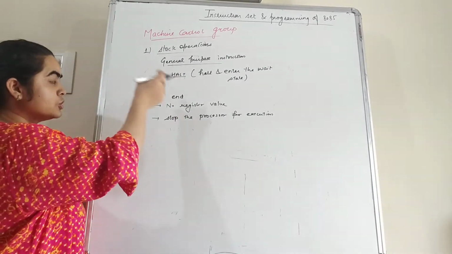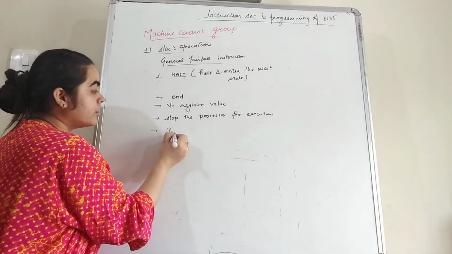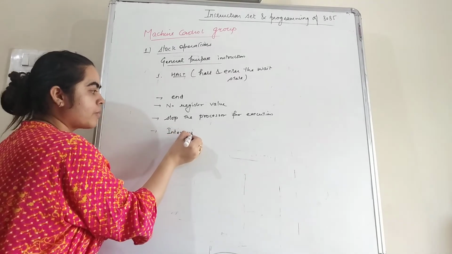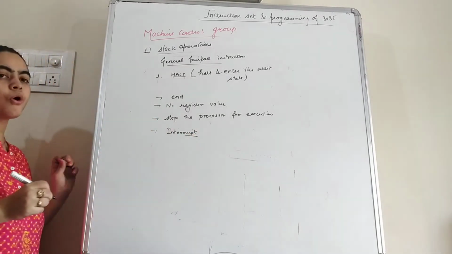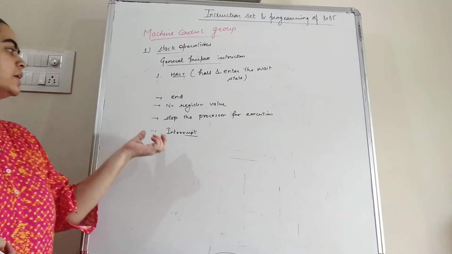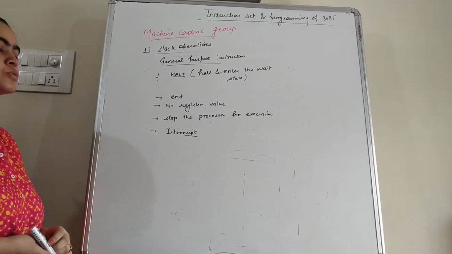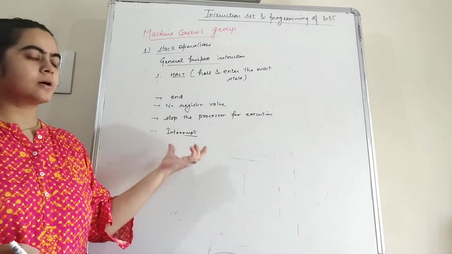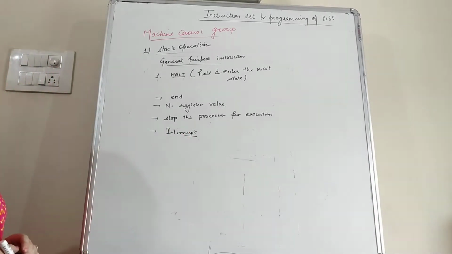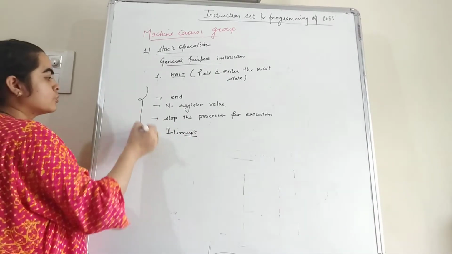The other use of halt is when an interrupt request comes to the microprocessor, then halt is also used to tell the microprocessor to hold for some time when the interrupt comes in.